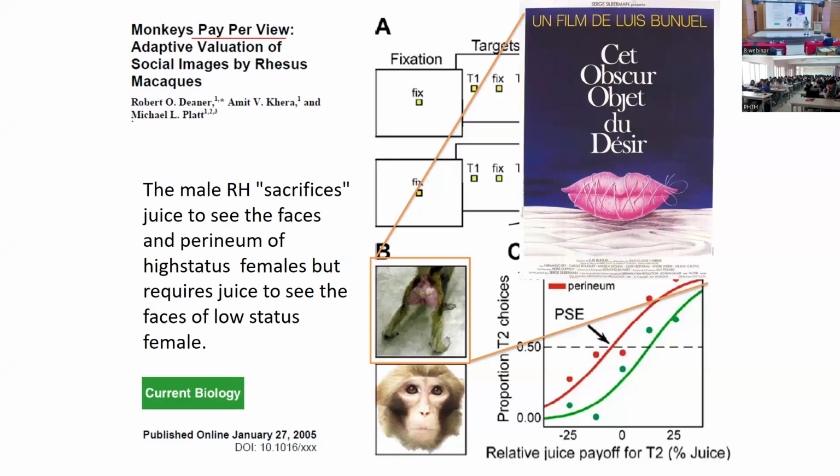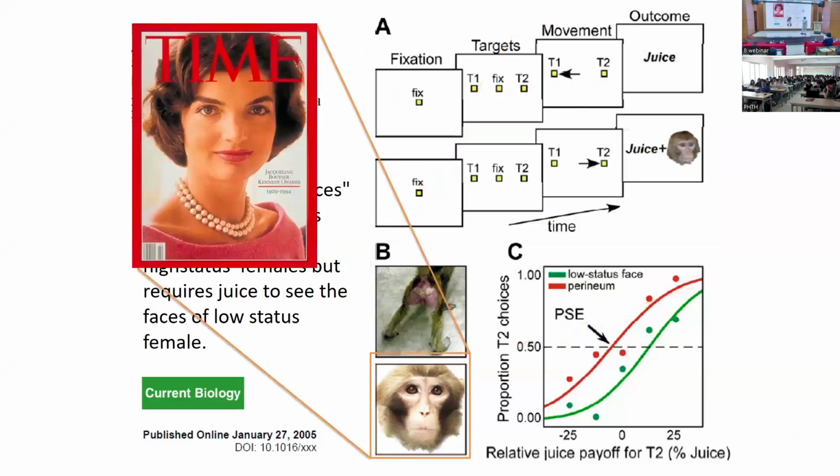But even more interesting is the fact that they also pay to see the picture of the face of the so-called alpha woman, alpha female. Alpha female means top rank female, like famous actress, like divas, and so on. So they do pay.